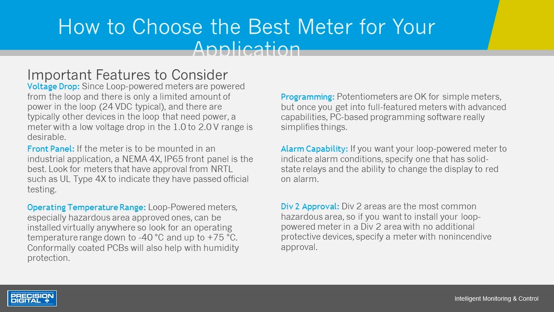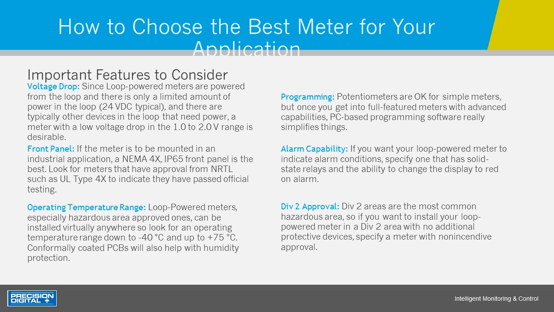Alarming is something that you need to consider. Most loop-powered devices don't have much in the way of indication or relays to let you know if you've got, say, a high level or a low level, or to do any kind of pump control. Again, Precision Digital's Loop Leader panel meter is an exception to that. We've got the ability to turn our backlight red in the case of an alarm because you've got a multicolored backlight.